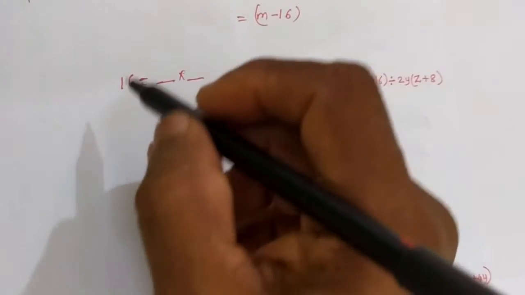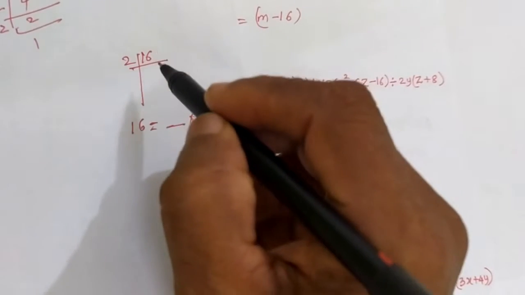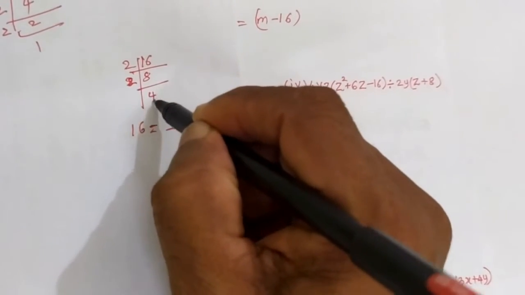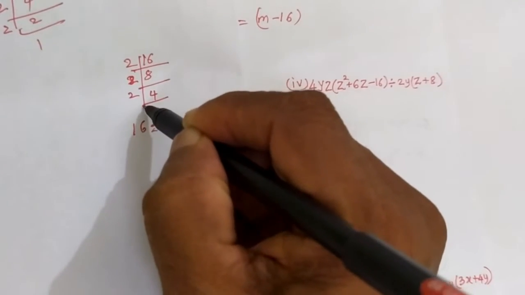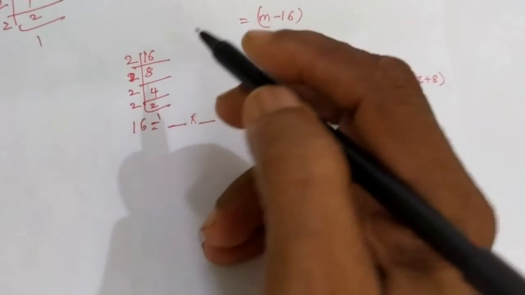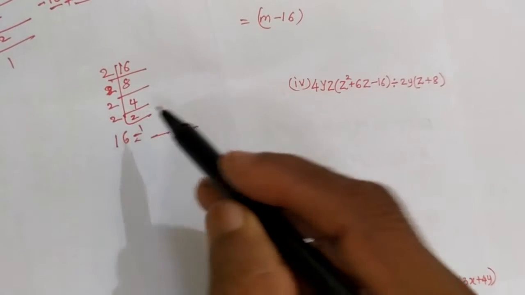Now find out the prime factors. 16: 2 8s are 16, 8: 2 4s are 8, 4: 2 2s are 4, and 2 1s are 2. So 2 4s are 8, 8 2s are 16.